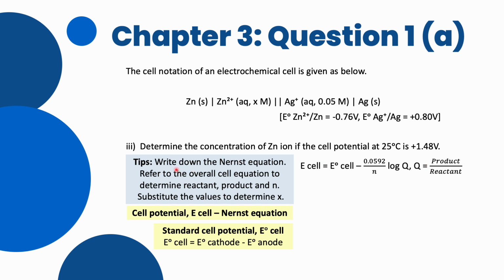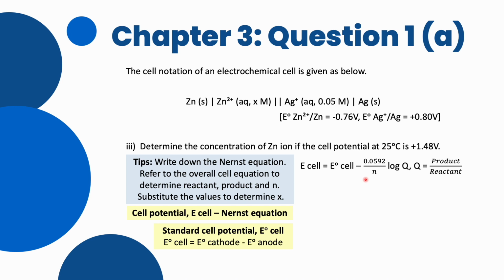So that is what is meant by the second sentence: refer to the overall cell equation to determine the reactant, product, and N. Reactant and product are based on our Q here. N here is based on the number of electrons transferred. How many electrons do we have cancelled out when we write down the overall cell equation itself? So this is the general one.